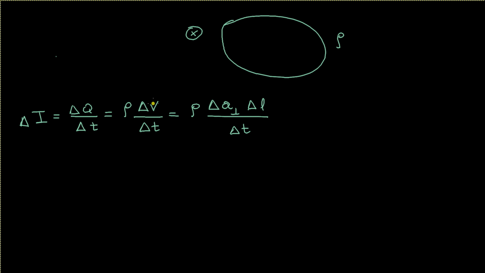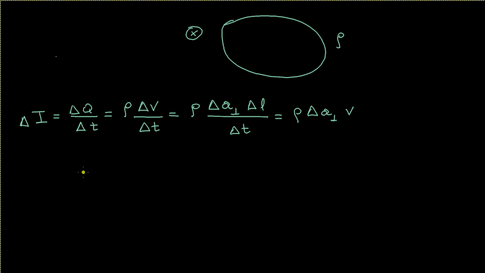Okay, a volume of delta V can be written as the area times the length delta L. Now I can write, as usual, this as the volume charge density times the perpendicular area times v, and this is the velocity.